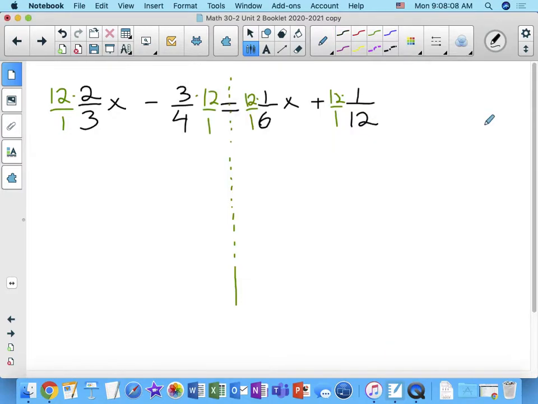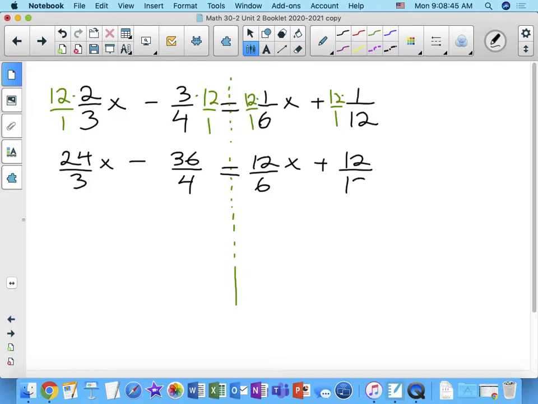Here we're going to get 12 times 2 is 24 over 3 x, minus 3 times 12 is 36 over 4 times 1 is 4, equals 12 times 1 is 12 over 6 x, plus 12 times 1 is 12 over 1 times 12 is 12.